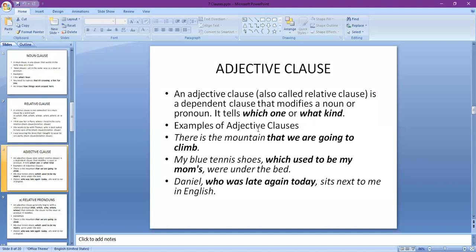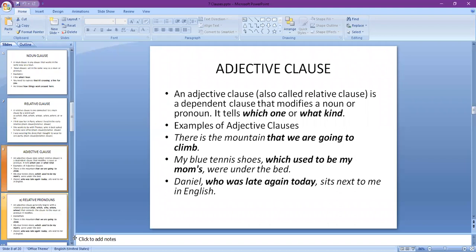It tells which one or what kind. There is a mountain that we are going to climb. Which mountain? That we are going to climb. So, my blue tennis shoes, which used to be my mom's, were under the bed. Which tennis shoes? Which used to be my mom's.